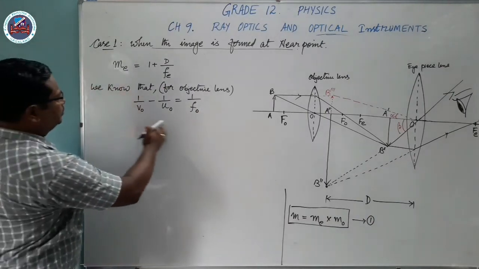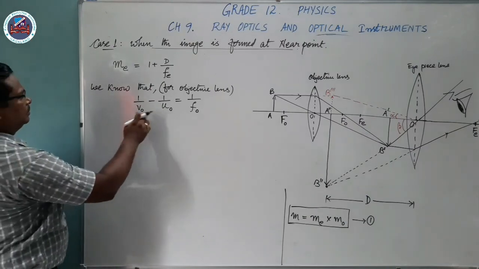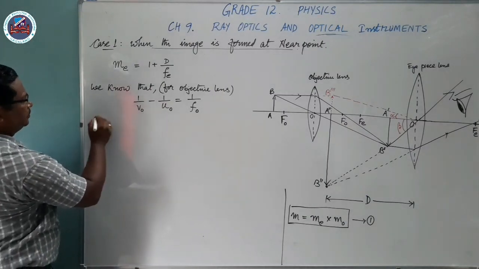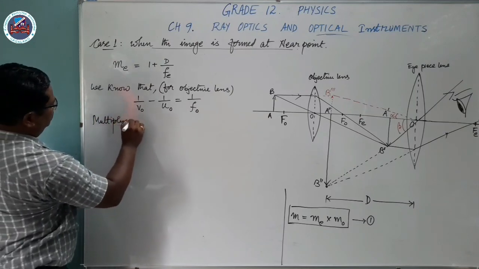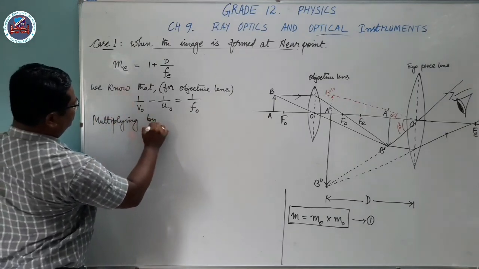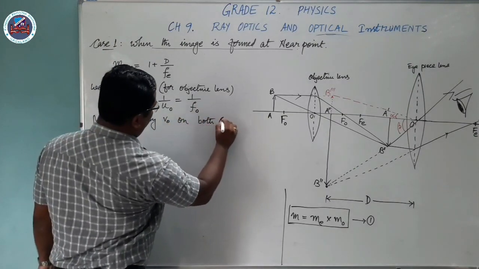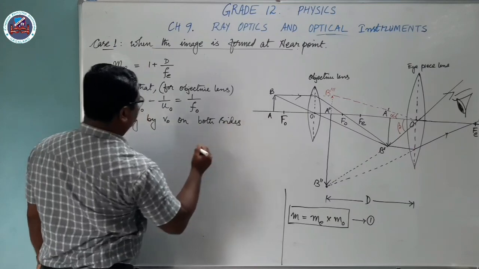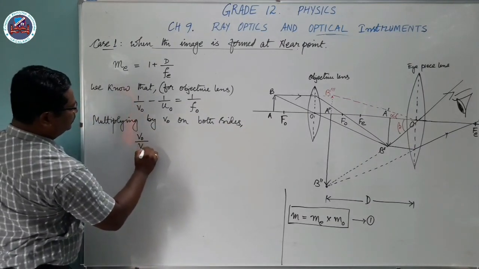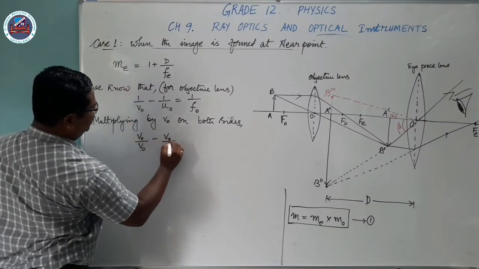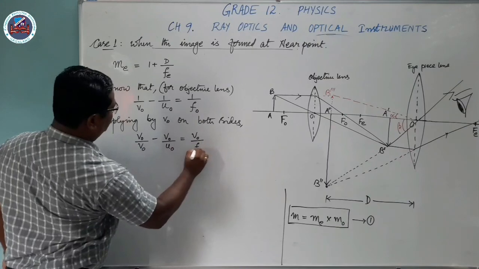Multiplying by V0 on both sides, we get V0 by V0 minus V0 by U0 is equal to V0 by F0.